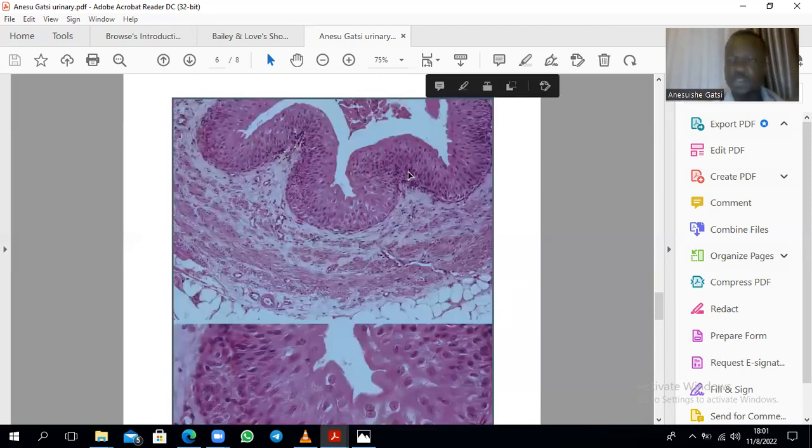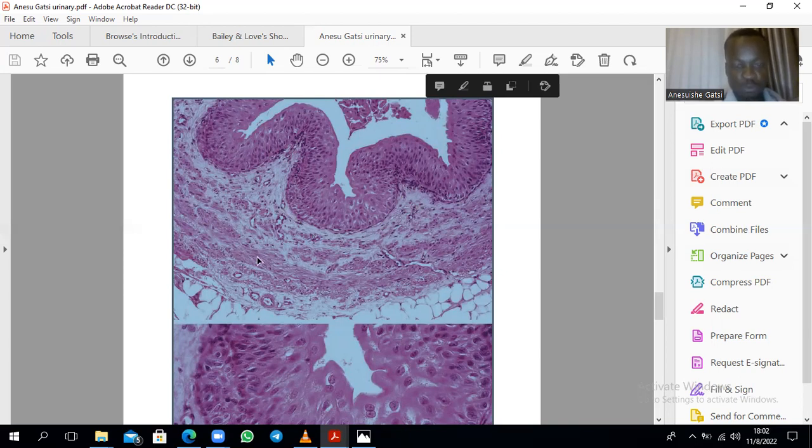Then mucosa, you remember it as the epithelial lining. Then below the epithelium, you expect loose connective tissue for vascularity of the epithelium or provision of the nutrients, right? And that's going to be the loose connective tissue just below the epithelium there, right?